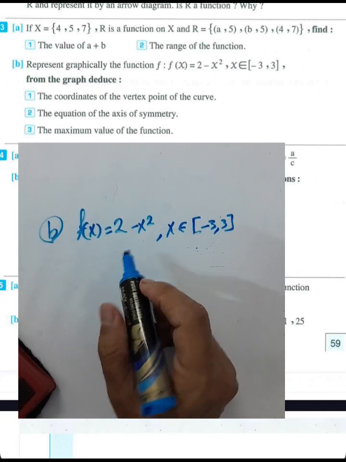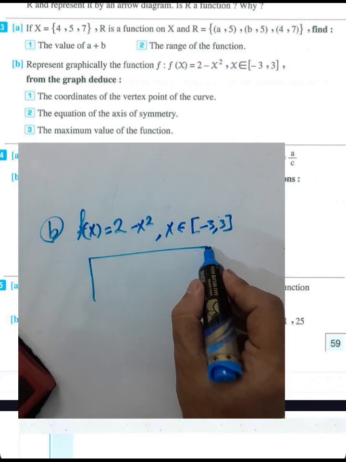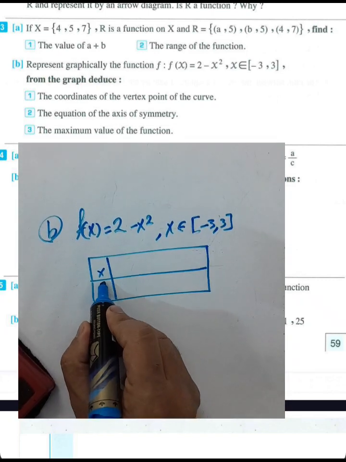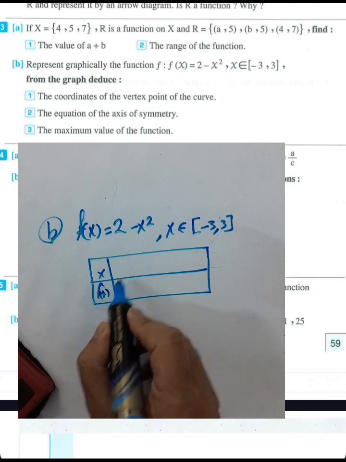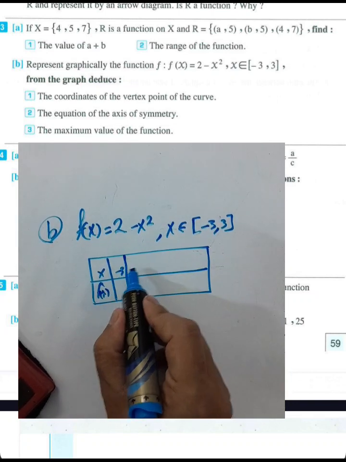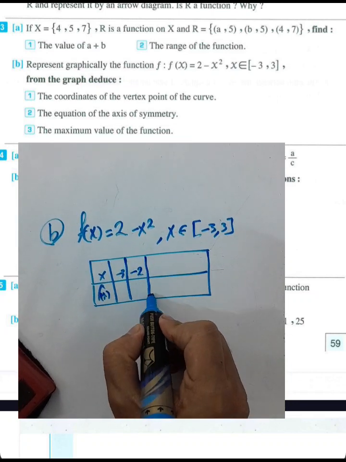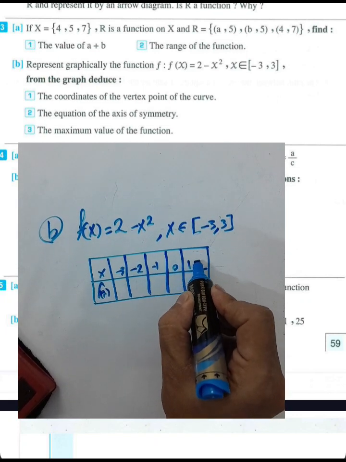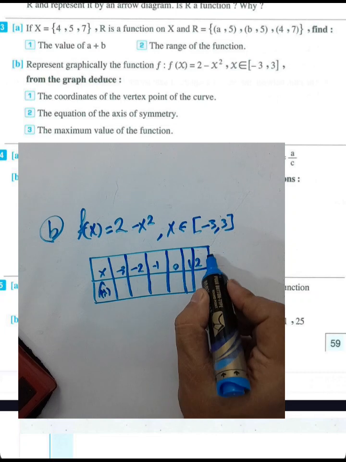We want to represent this function graphically. We can draw x and f of x, with -3, -2, -1, 0, 1, 2, and 3.